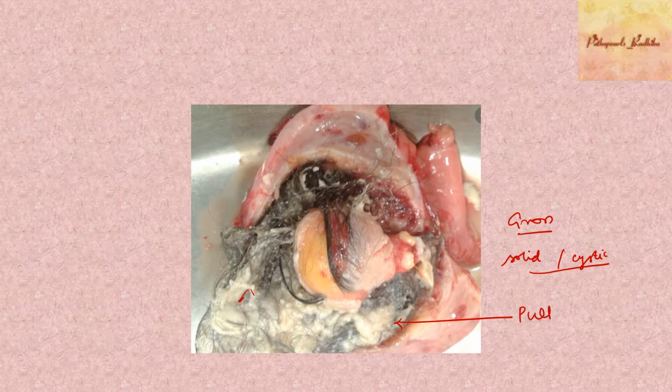This is called pultaceous material. You can have this pultaceous material, you can have teeth, and all this hair. So when you see such a solid cystic tumor, with a lot of hair, pultaceous material, and teeth, they have a varied appearance. So this is the gross appearance of a teratoma.